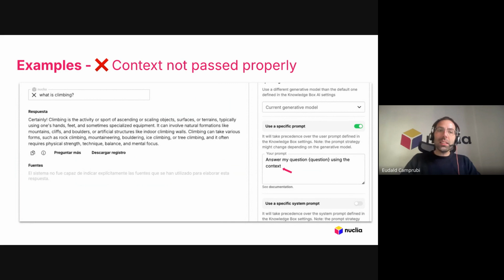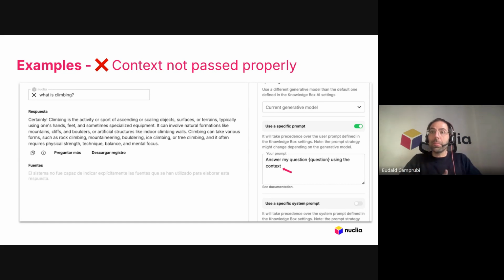So in that case, we have a question, which is what is climbing, and here we have defined Nuclia to use a specific prompt. Out of the box, we provide a specific prompt that is tailored by us, but sometimes our customers want to use their own specific prompt.